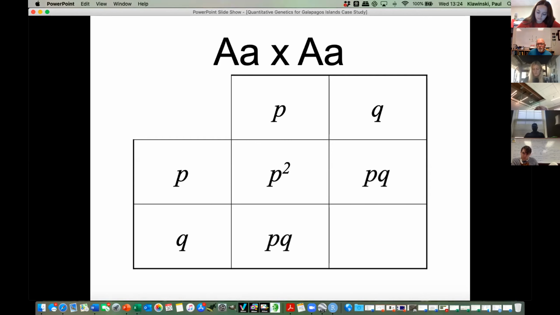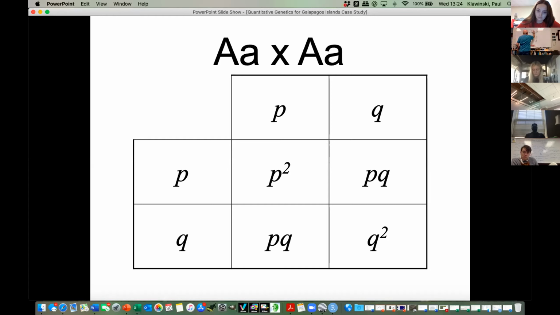What's the frequency of the heterozygotes, and what is the frequency of the homozygous recessives? P times P is P squared. You have PQ for the heterozygotes, but there's 2 of those represented in the Punnett square, and Q squared is the frequency of the homozygous recessive. So these are now genotype frequencies.